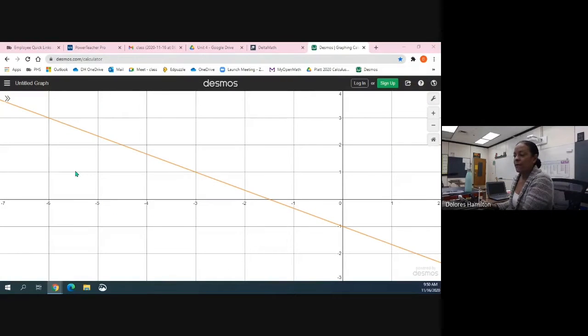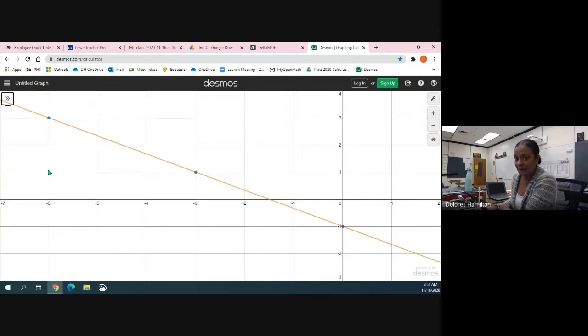So if we're asked to find the slope of this line, we would try and identify at least 2 points that we know are on that line. And it looks like this point is clearly on that line. Probably this one, that's all we need. But here's a third. So let's just quickly label those. All right, so then to find this slope, you'd notice to get from this point to the next, we would have to go down 2.